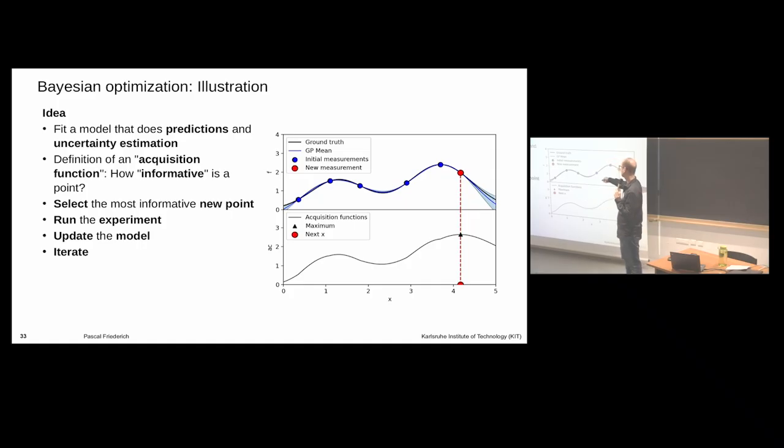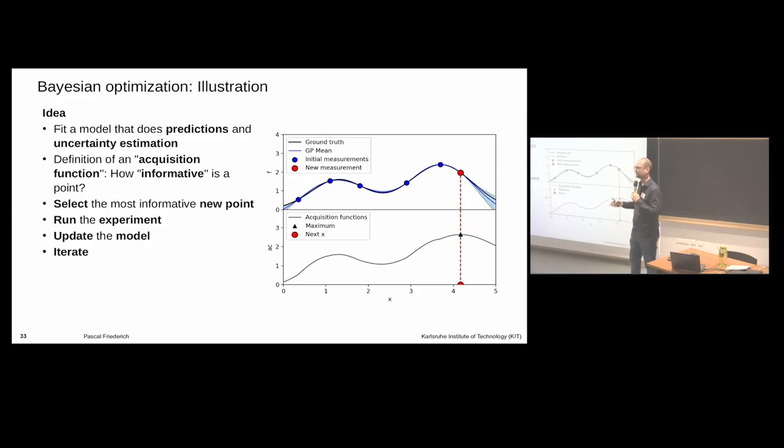If you imagine there could be a function that looks very smooth like that, but then in one area it just has a peak, there's no guarantee that any algorithm will find that peak apart from a brute force search with a very fine grid, because you don't know anything about the function.